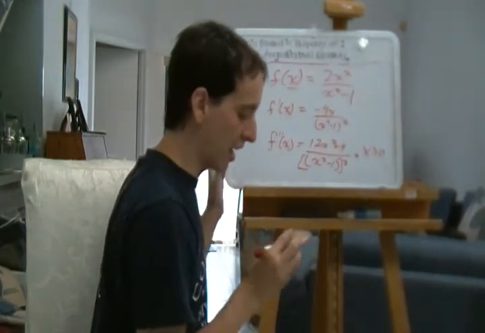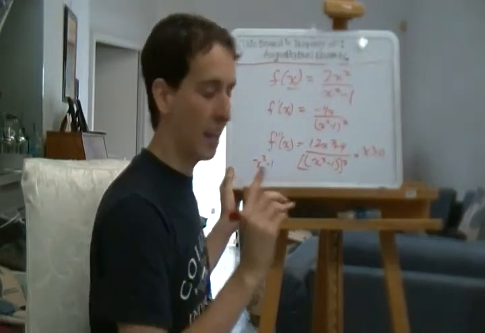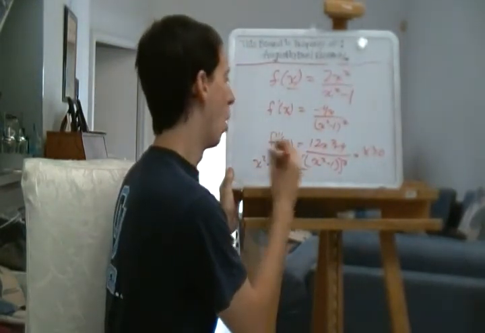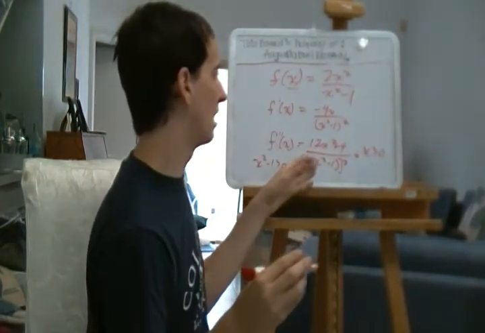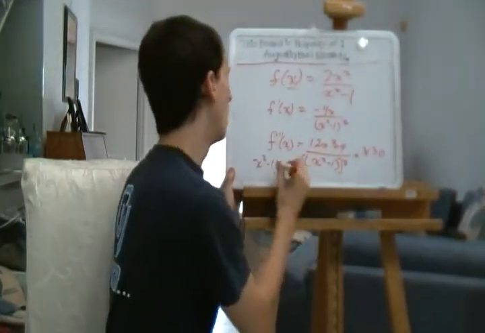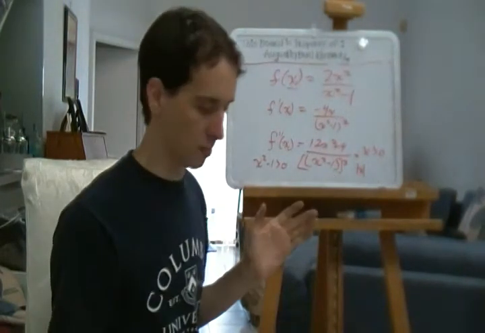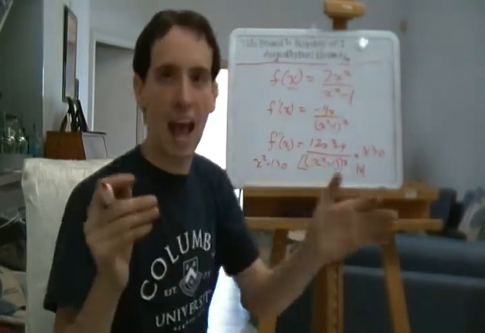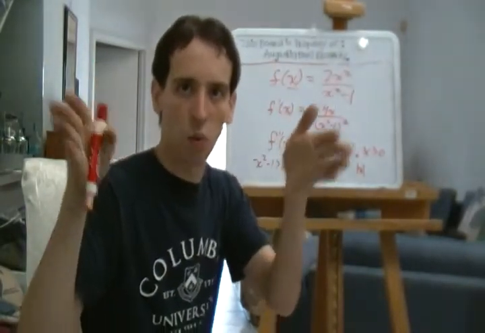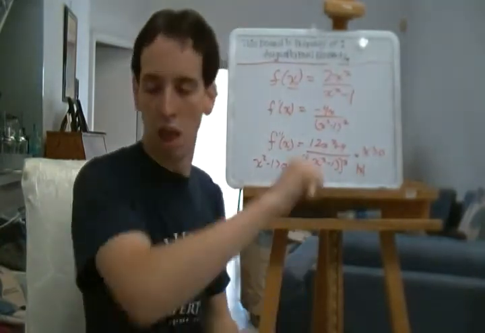And x squared minus 1 is not negative, it's positive, wherever x is not between negative 1 and 1. Between them it's going to be negative, so it's going to be positive at the absolute value of x. So it's going to be concave down between 1 and negative 1. Everywhere else, concave up.